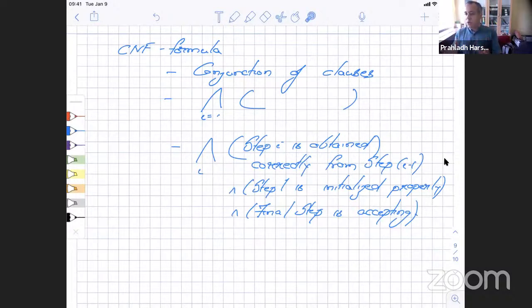What does one step require? To find out whether a step is being computed correctly, you just need to know what was in the previous head position, where the head was in the previous position, and did you apply the transition function correctly? This is all that we need to know. So we're going to capture this fact that step I is obtained correctly from step I minus 1 involves very few variables.